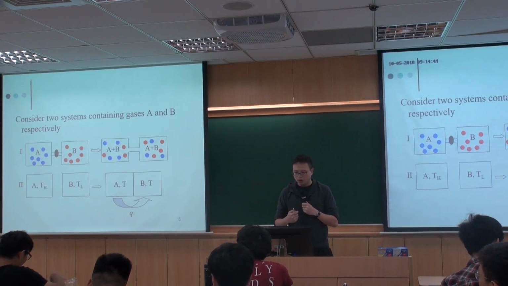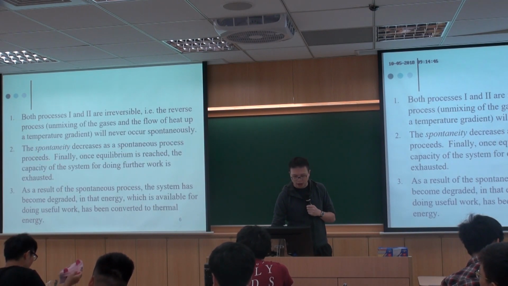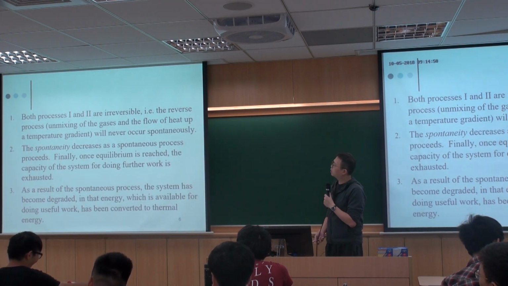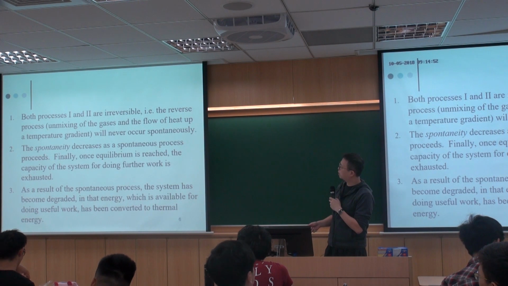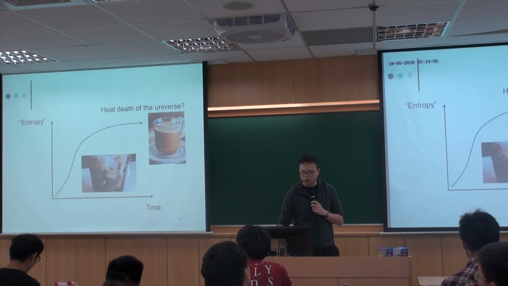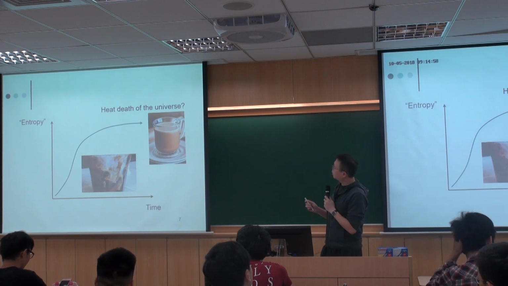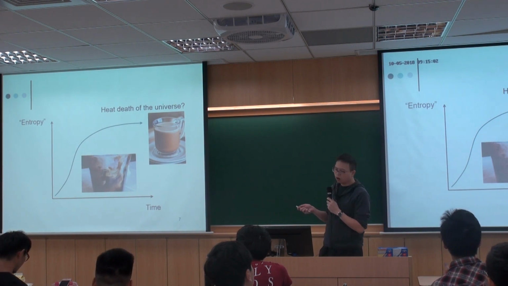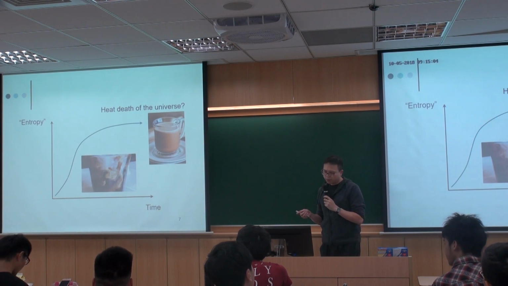And so you can imagine that there are at least two types of spontaneous process, or you can say irreversible process. And we can also define a quantity that is sort of the measure of this irreversibility.